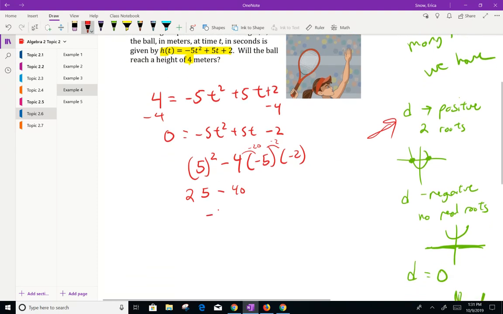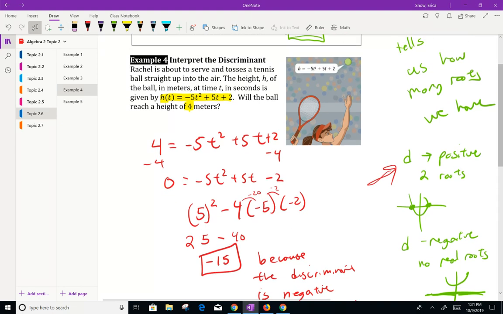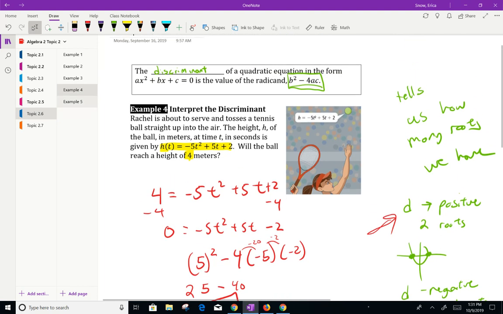So 25 minus 40 is negative 15. Because the discriminant is negative, there is no real solution to the equation. So this ball will never be 4 meters high.